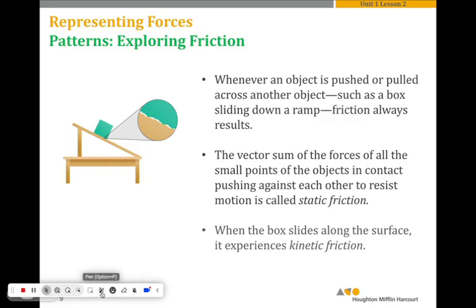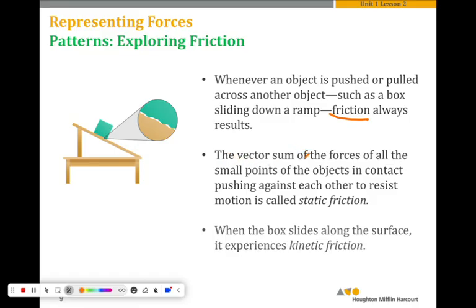So the thing that's causing the box to be at rest, if it's on this table, is friction. So whenever an object is pushed or pulled across another object, like the box sliding down the ramp, friction always results.